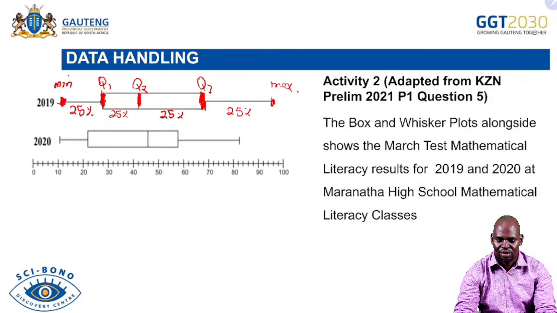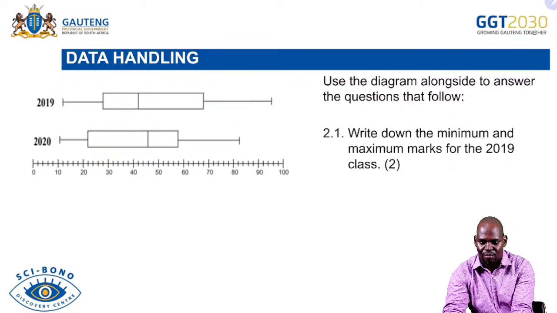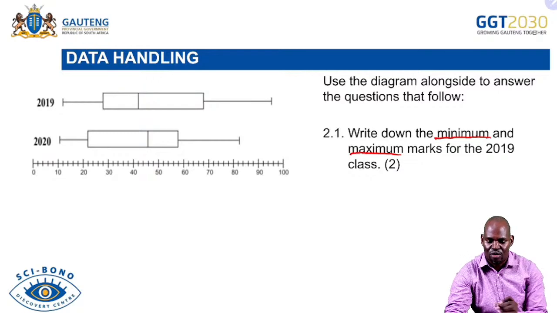Okay, now let us look at the next one. They say use the diagram alongside to answer the questions that follow. 2.1. Write down the minimum and maximum marks for 2019.